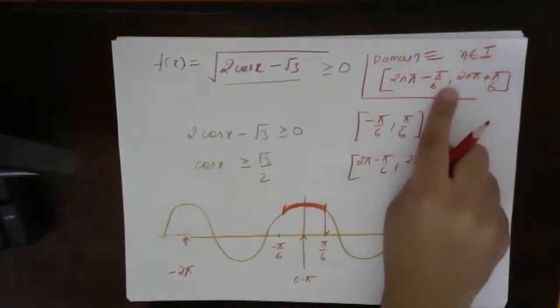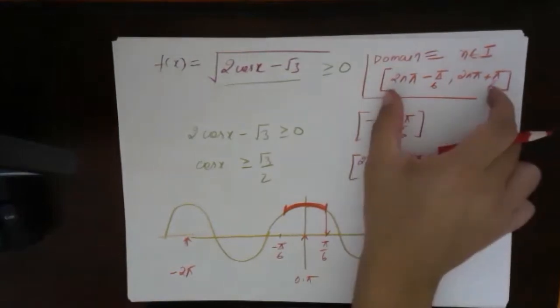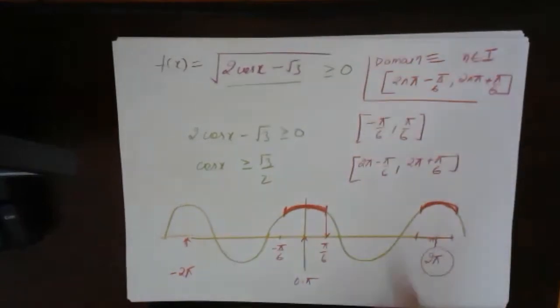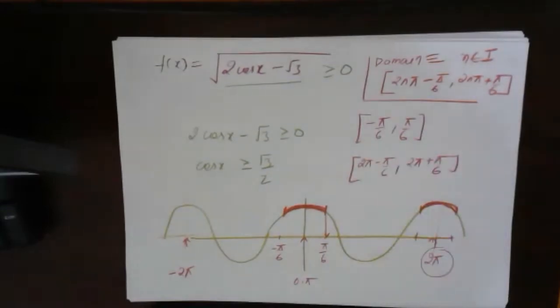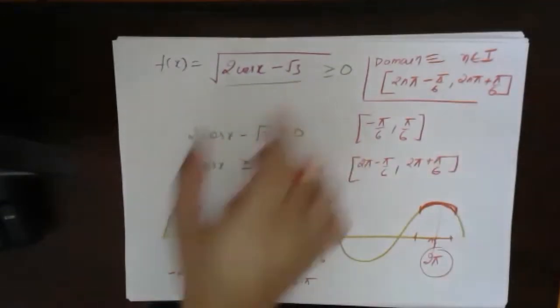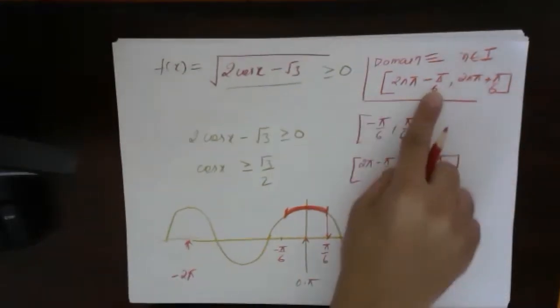For different values of n, you will get different sets of the domain, and since n belongs to integers, this will give you the complete set of values of x. Understood? Just like this answer.